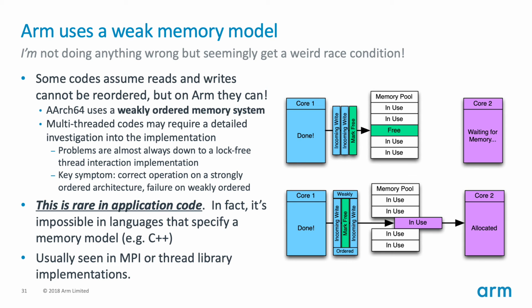Something really unique and specific to ARM, especially compared to other main architectures out there, is that ARM uses a weak memory model that allows reads and writes to be reordered.